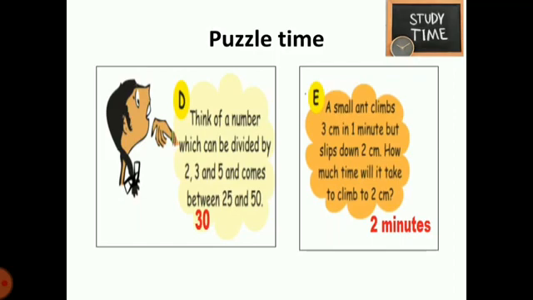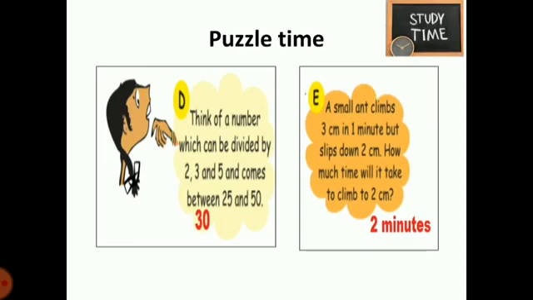If they give any other number range, if you want to find a number which can be divided by 2, 3, 5 that comes between 50 and 75, you can write 60, because it is a multiple of 30. So here the answer is 30, because they have given the clue that the number comes between 25 and 50.